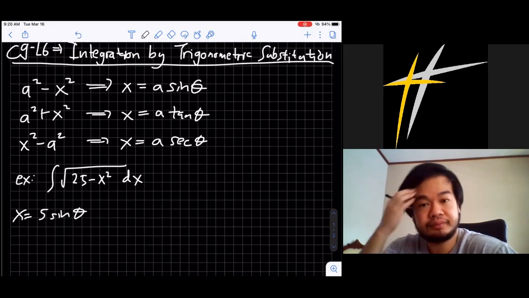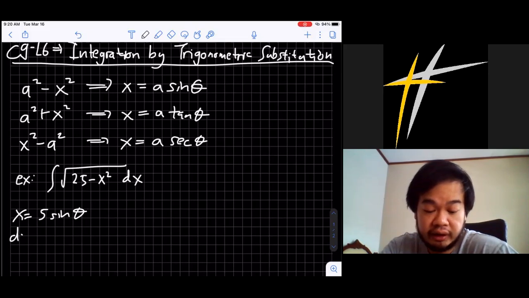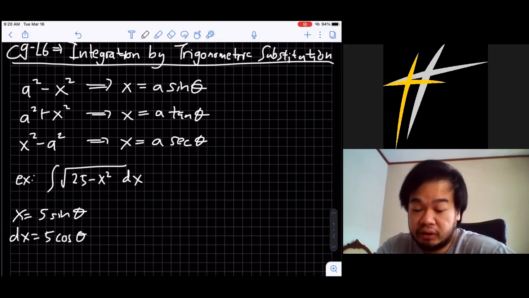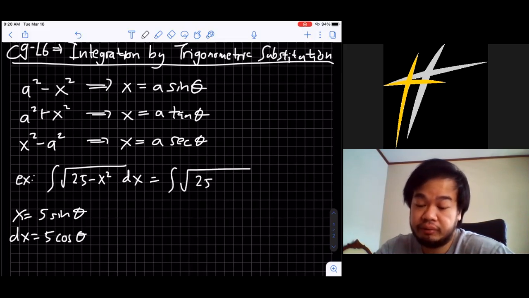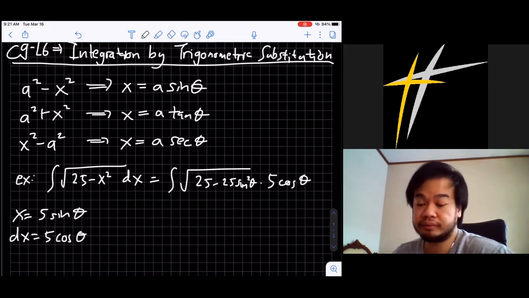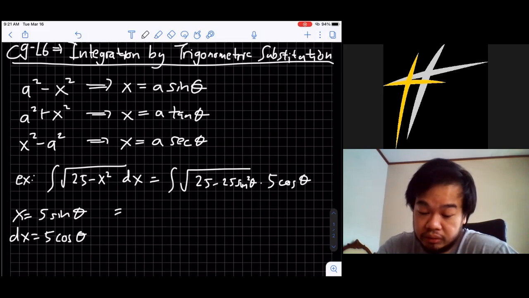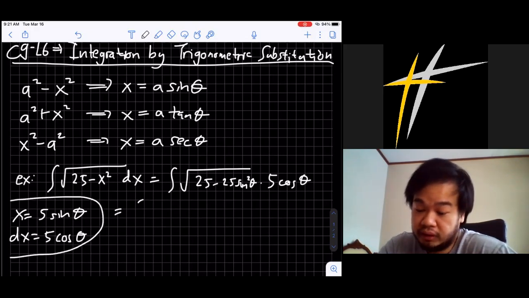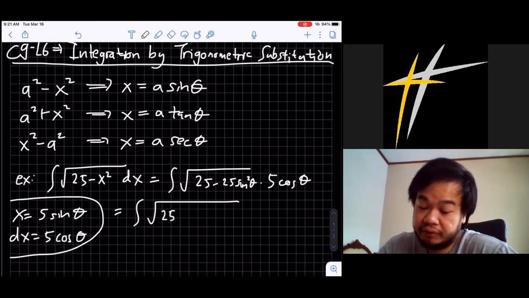If we differentiate, then dx is equal to 5 cosine theta d theta. If I continue, the result is the integral of the square root of 25 minus x squared, where x squared is 25 sine squared theta, and dx is 5 cosine theta d theta. So it's equal to the integral of, I can factor out the 25, the square root of 25 times 1 minus sine squared theta, times 5 cosine theta d theta.